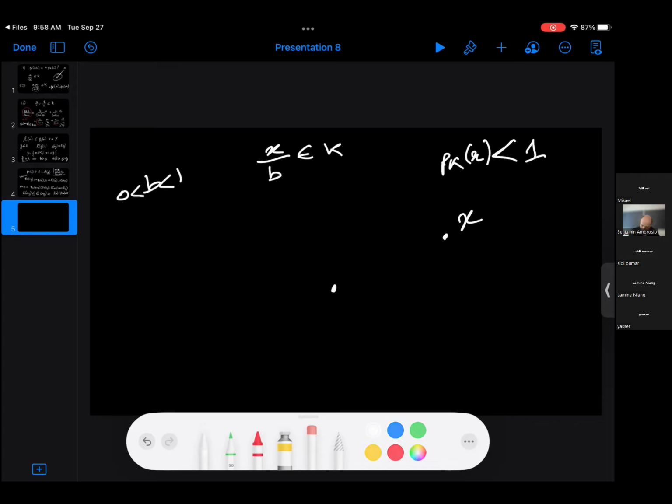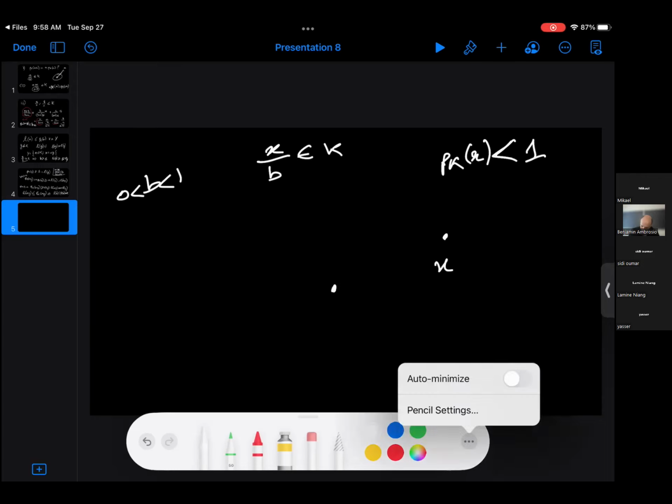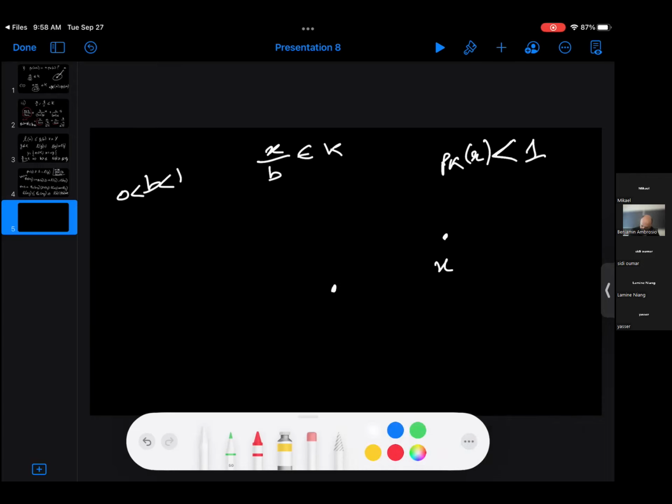Okay, which means what? From here I will draw a line, and I can come here. This one belongs to k. So here I have x, and here, let's say I have x divided by b.